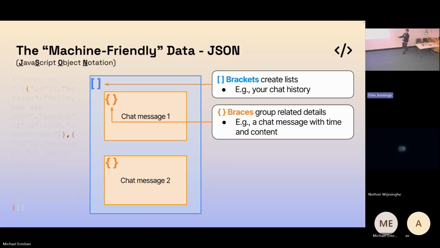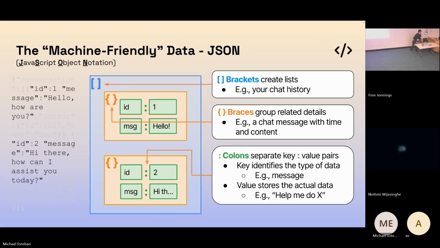And then the curly braces. They are going to group detailed information together. Let's say you have a chat message with some kind of content. That chat message can be wrapped in a curly bracket. And if you're familiar with programming, it will be called an object. And then within that curly bracket, you would have what we call the fields.